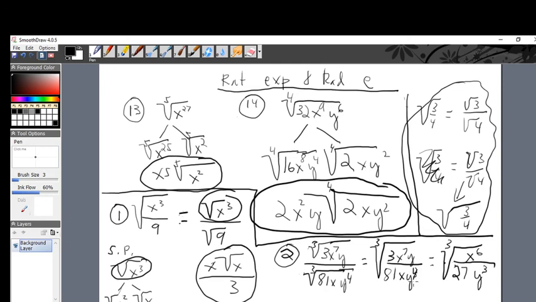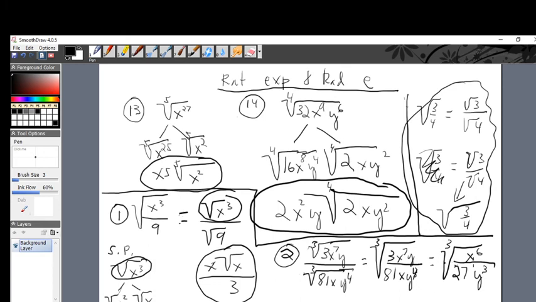I corrected it. With y over y^4, the 4 wins on the bottom, so 4 minus 1 is 3, and y cubed wins out on the bottom. Okay, now let's go back to putting them in their own pieces.